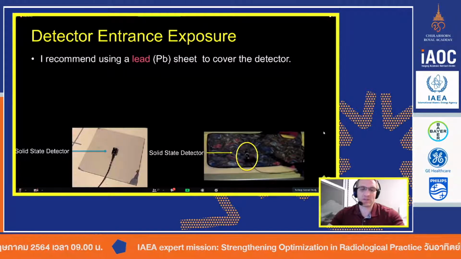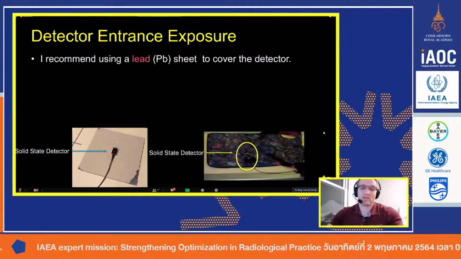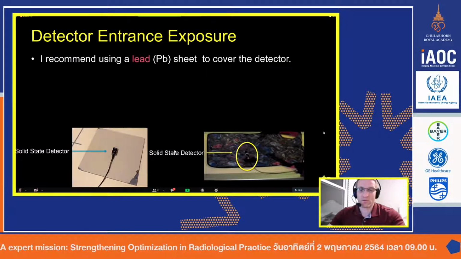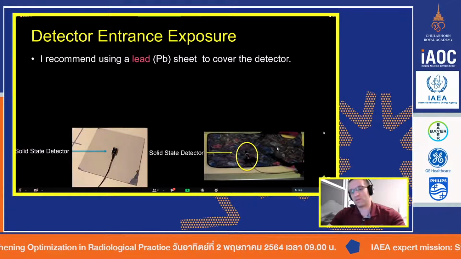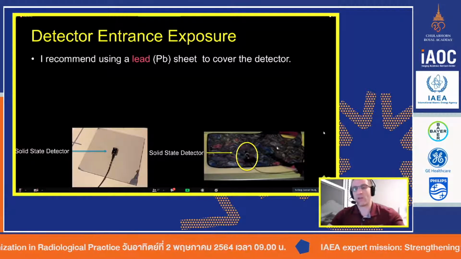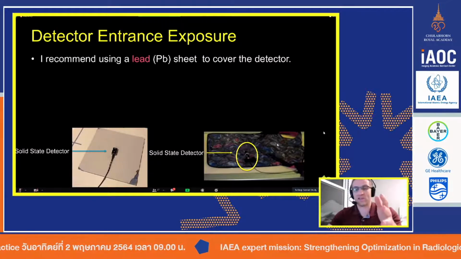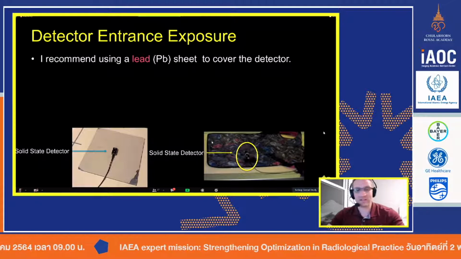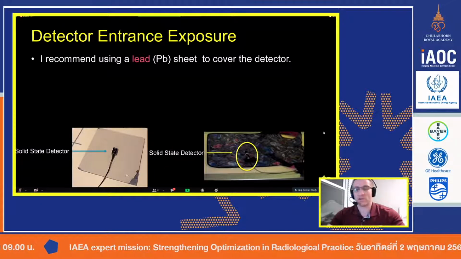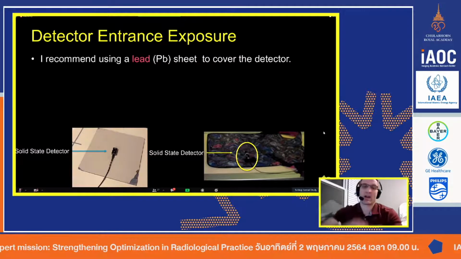Now there's a couple of things you can do if you want to try to simplify your life. You can use lead sheets, or you can just grab one of the lead aprons that you normally hand to parents or other people, support staff or the X-ray staff, that use it when they're in the room when the beam is on. Obviously, these lead aprons or lead blocks will absorb most of the radiation, so there will be very little, if any, backscatter.